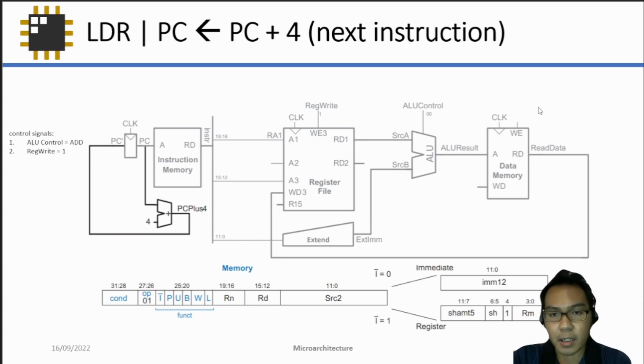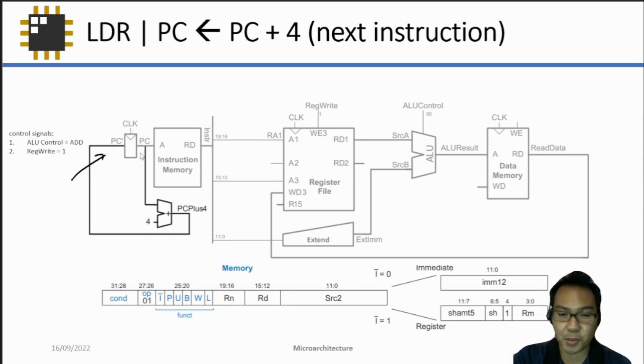Okay, so next, the last part. Since we already have the entire path laid out, and we can write the thing into the register that we want to load data into, the next thing we need to do is have this program counter read the next address.